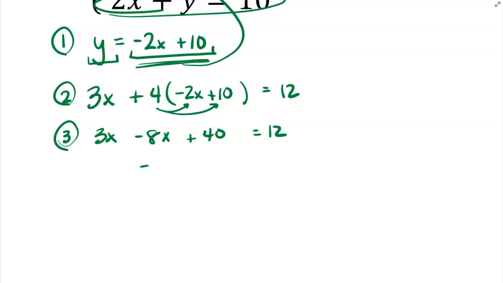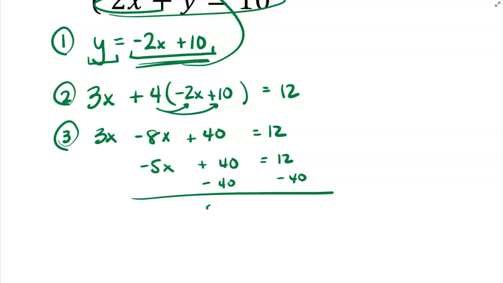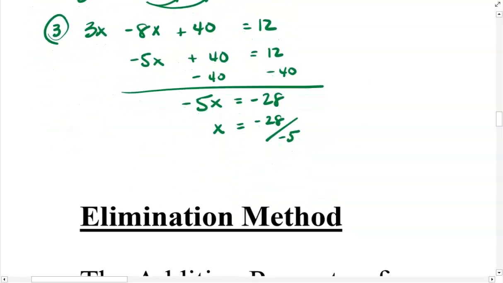We'll combine like terms to make negative 5x plus 40 equals 12. Let's subtract 40 from both sides. This will further isolate x. And now we have negative 5x equals, what's this come out to be? Negative 28. So x is going to be the result of negative 28 divided by negative 5 after I divide both sides of the equation by negative 5.